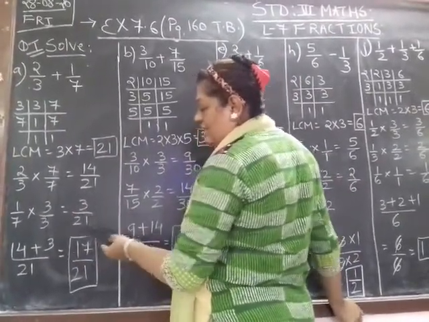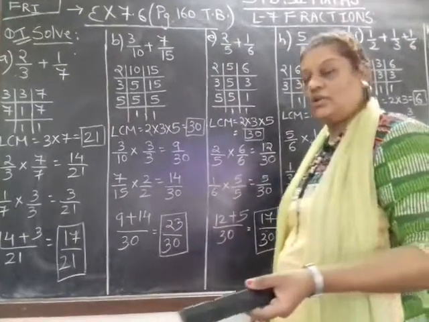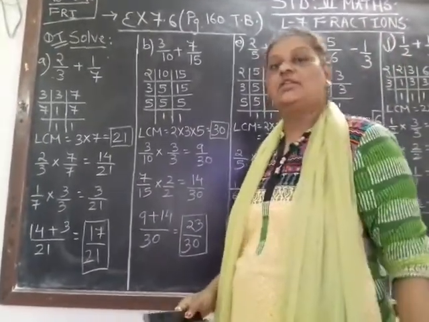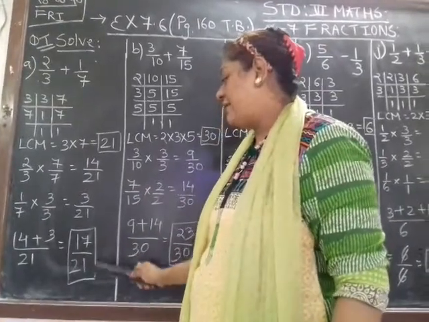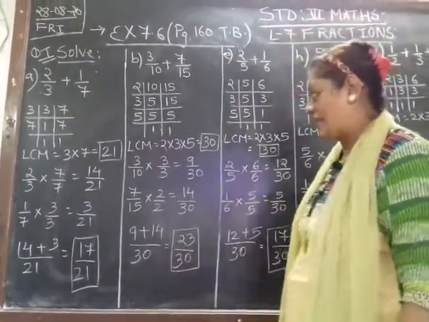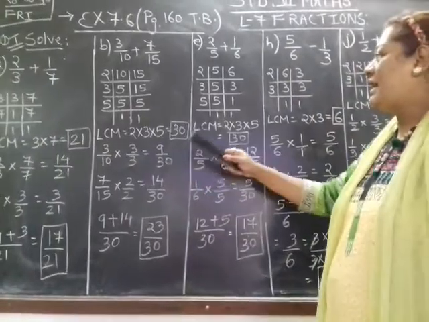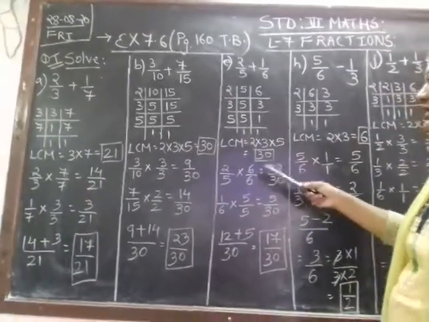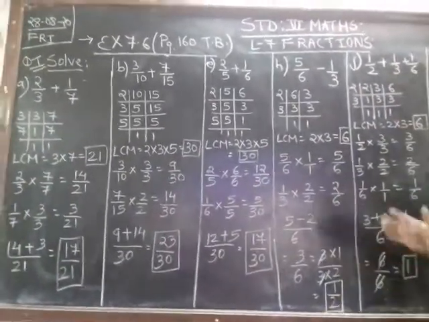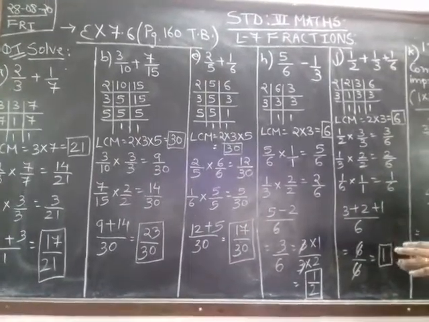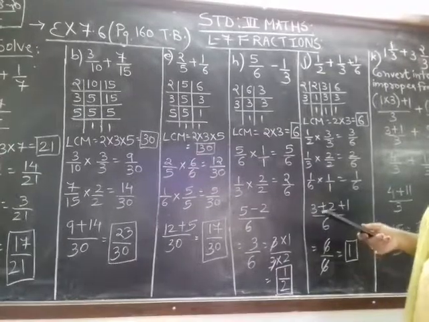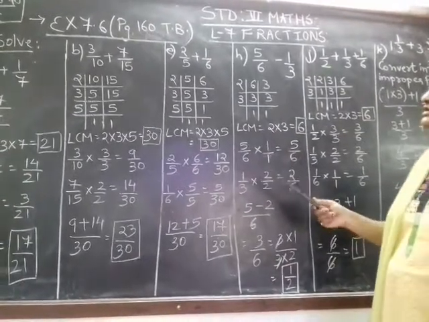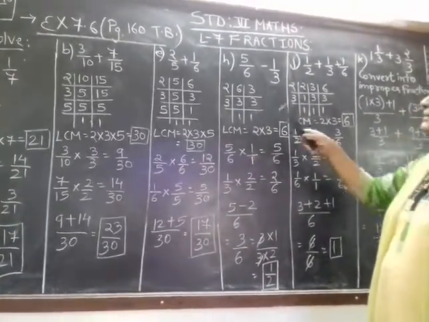Now when the denominators are the same, you know the rule, only add or subtract the numerators. So 14 plus 3 makes 17. So 17 upon 21 is the answer. B and E I had solved in the same way. Some of the sums I had given you as practice so that you can be well versed with the sums of unequal denominators or unlike fractions and solve them by yourself.